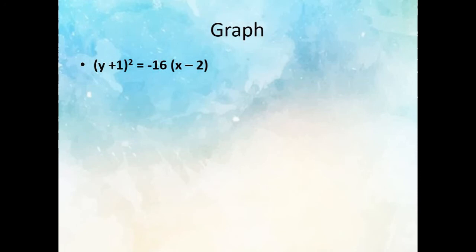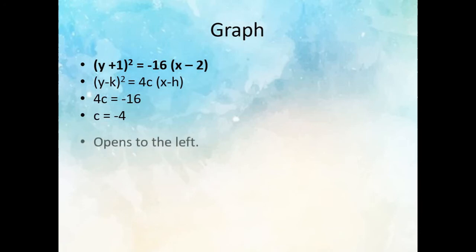So that is the pattern (y − k)² = 4c(x − h). So 4c is equal to −16. c is equal to −4. So it opens to the left.